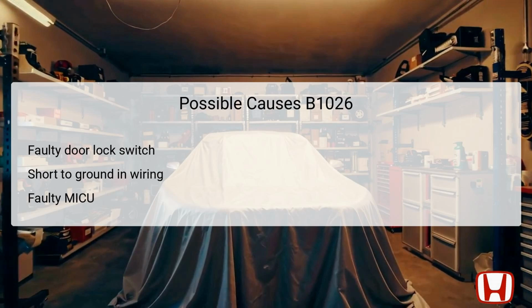This short circuit can disrupt the flow of electrical signals, preventing the normal operation of the locking system. Additionally, a faulty MICU can also be at the root of the issue, as it processes signals from various switches, including the passenger door lock switch. It is essential to evaluate each component methodically to pinpoint the failure.